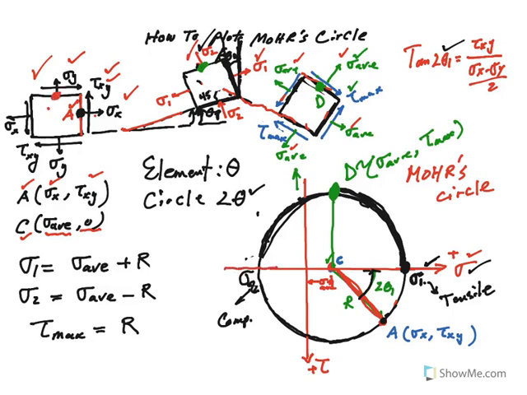That's what I meant, in the original stress element. Sorry, guys. Point B would be 90 degrees from what? From point A on the element, which means 180 degrees on the circle. So if you take A and rotate it 180 degrees, this would be point B, with the coordinates of sigma y and minus tau xy.